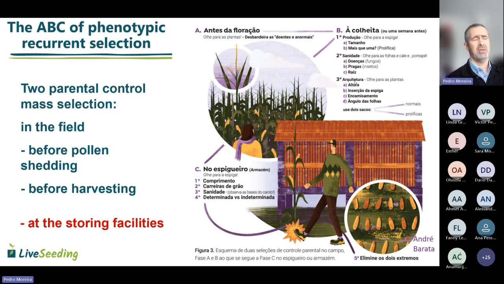Then the architecture. Do you like plants that are very tall? What is the insertion of the ear? If they have husks or not, if they enclose the ear or not, and the leaf angle.